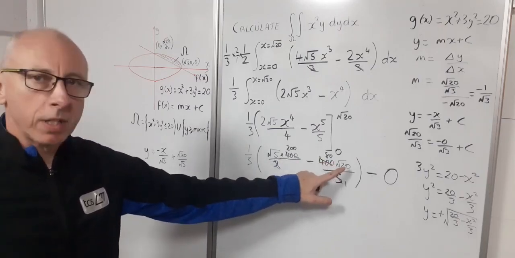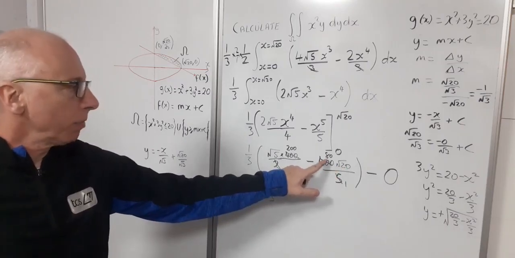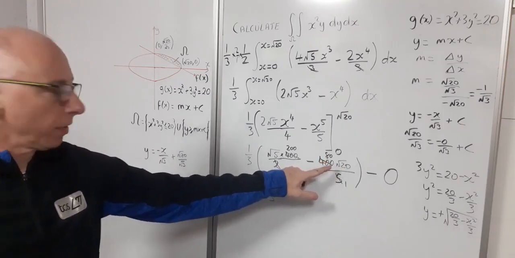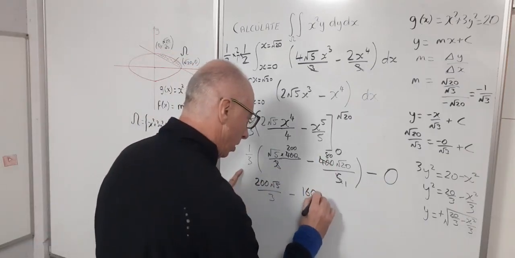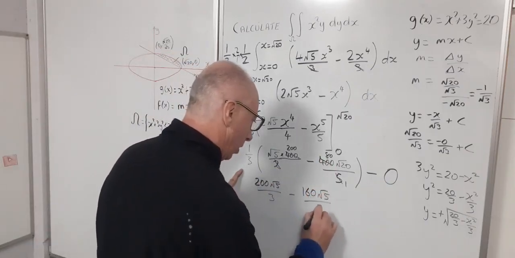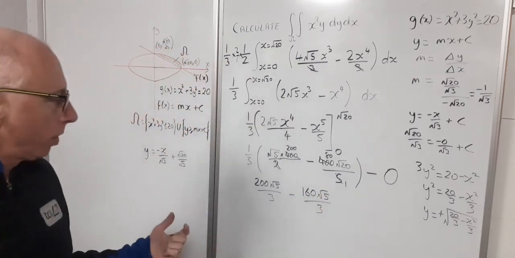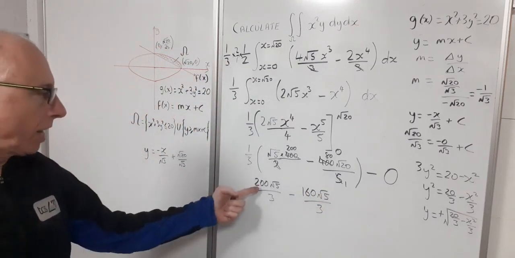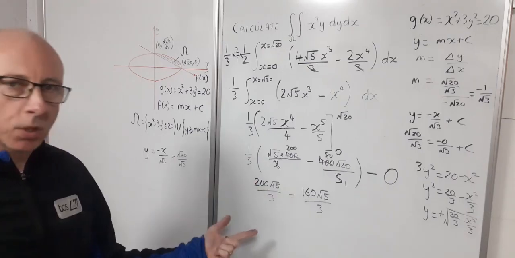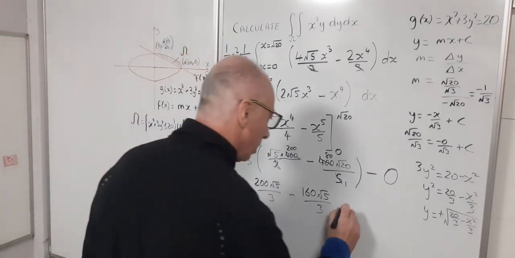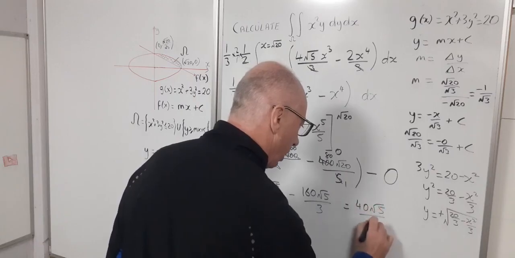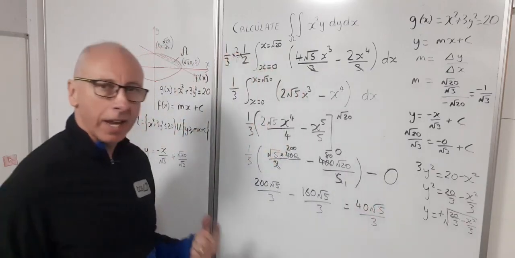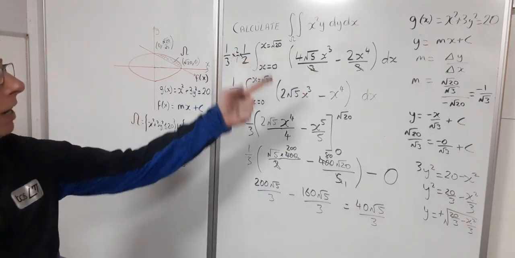So root 20 is 2 root 5, so that's going to give me 160 root 5 divided by 3. Okay, and that's a straightforward subtraction. I'm now going to be left with 200 minus 160 is 40. So it's 40 root 5 over 3. That's my exact answer for my integral.